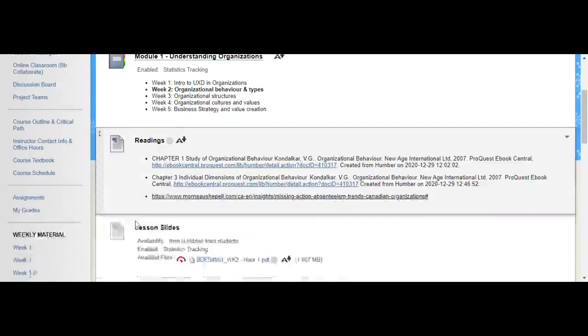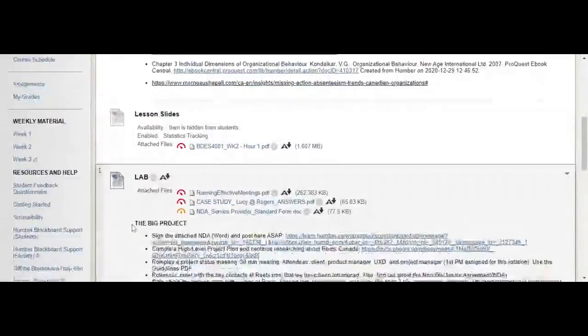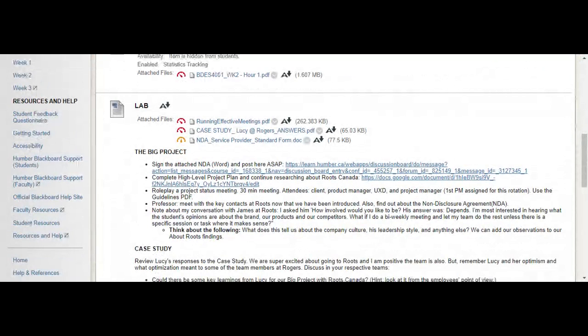So this week is organizational behaviors and types. So what do we mean by organizational behavior, and what do we mean by business type? This is what we will be learning for the next 25 minutes.